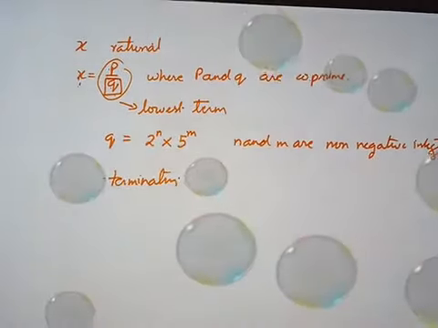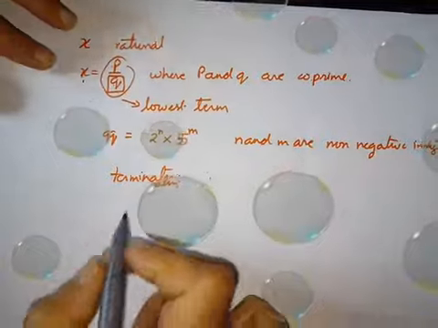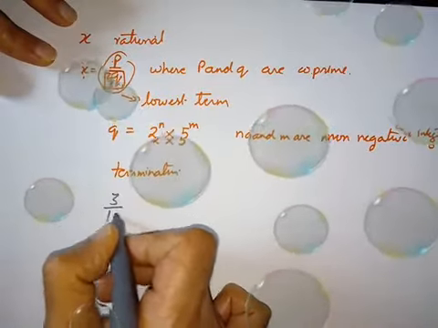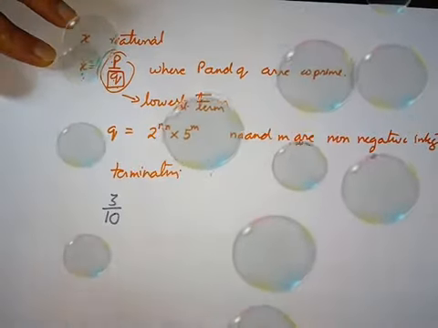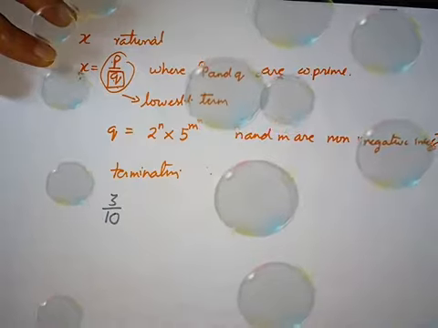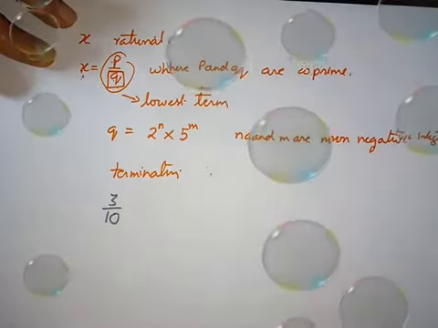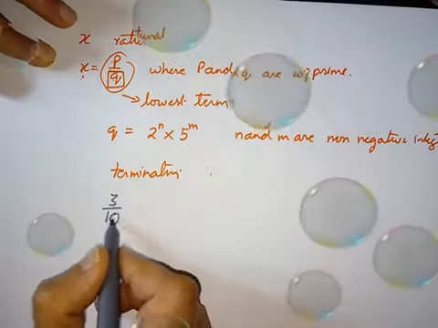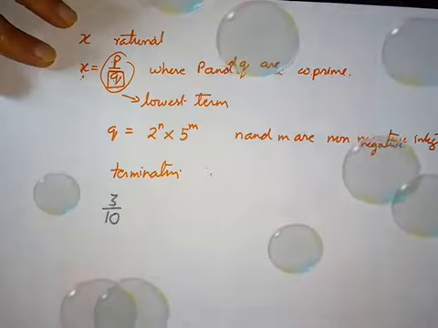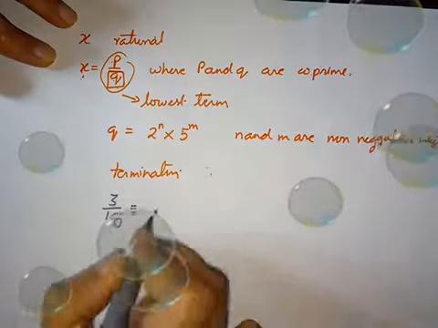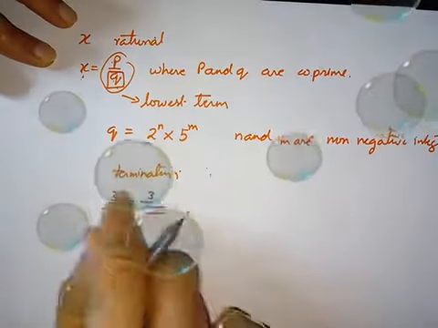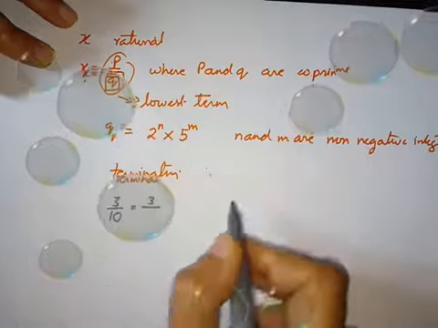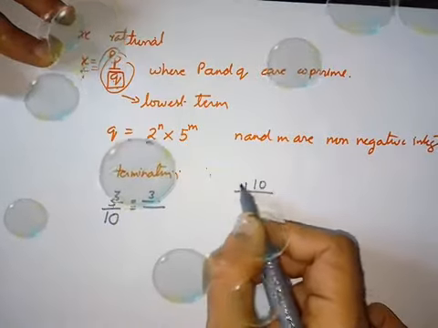Now let us take an example. Suppose I am dividing 3 by 10. Now 3 and 10 are co-prime. The first and foremost thing you have to check is whether the fraction is in the lowest term. Both are co-prime, hence it is in the lowest term. Then we need not bother about the numerator, but for the denominator we have to find the prime factorization.